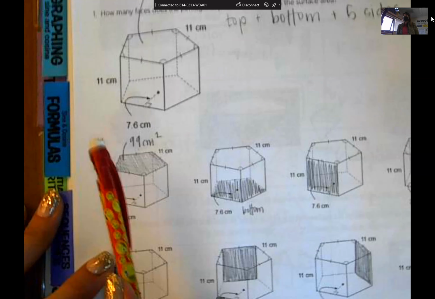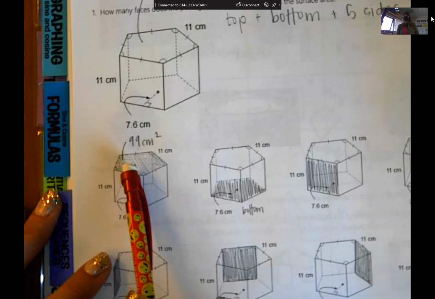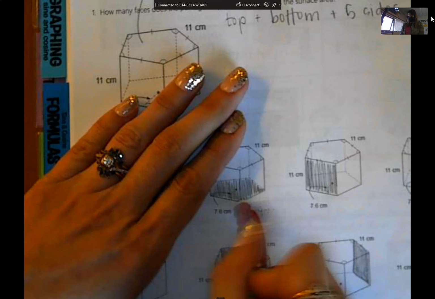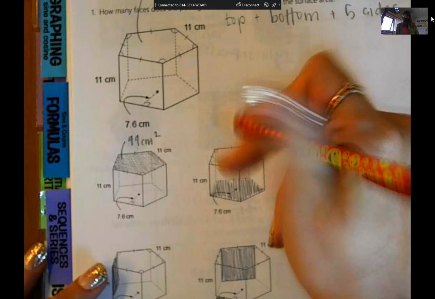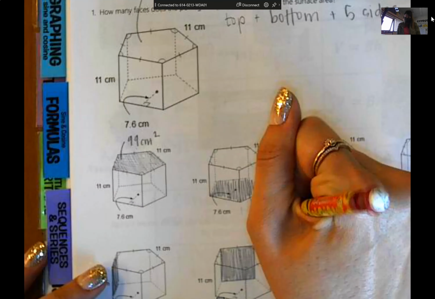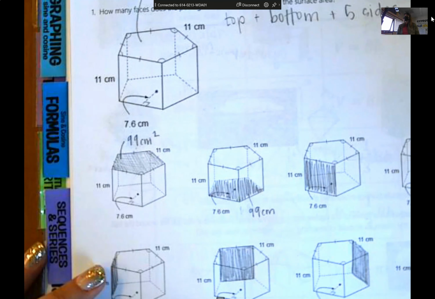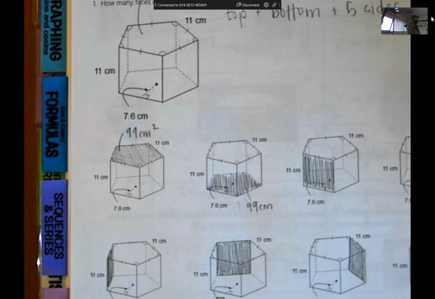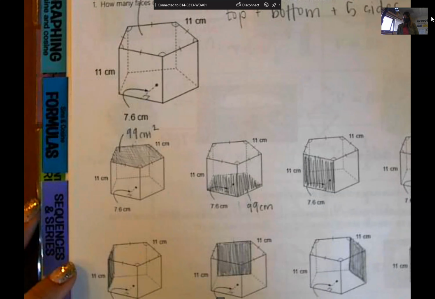That's the area of just the pentagon. So if the top is 99 centimeters squared, then that means that the bottom is also 99 centimeters squared. So if I needed exactly enough wrapping paper to cover just the pentagon, it would be 99 centimeters squared.